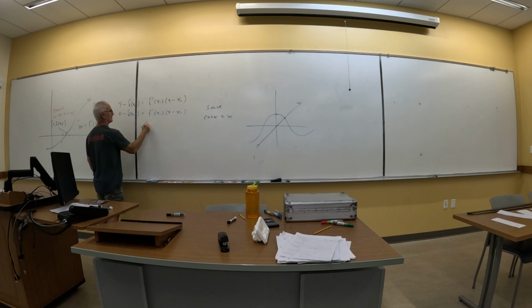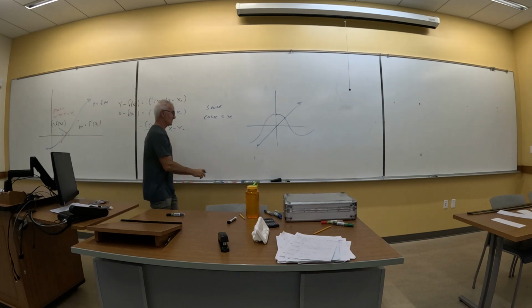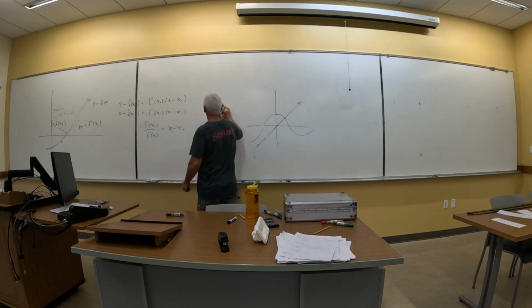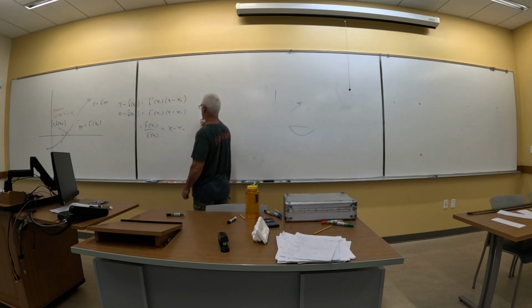let's do this then. f of x naught divided by f prime of x naught would now equal x minus x naught. I'm trying to get x, so let's add x naught to both sides, and then I would get x naught plus, minus, in this case, minus.